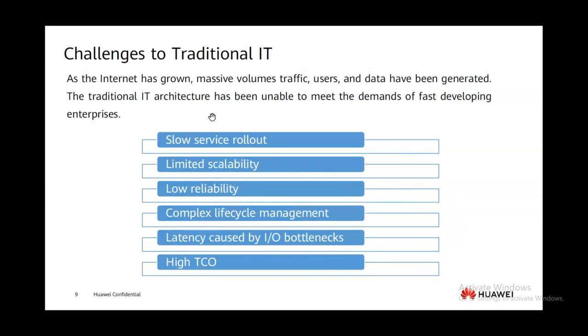TCO means total cost of ownership. If you want to have traditional settings like this lab, maybe you spend like $500,000 to set up this lab.